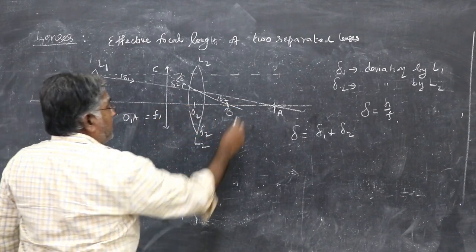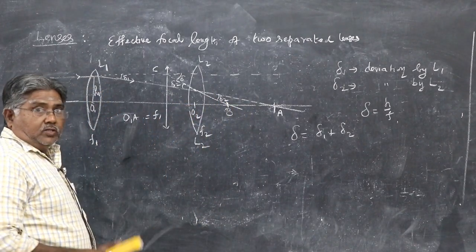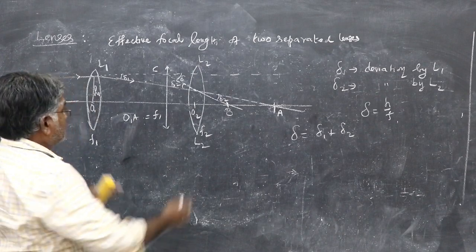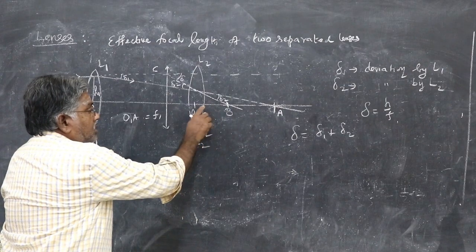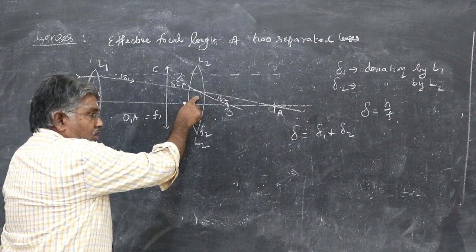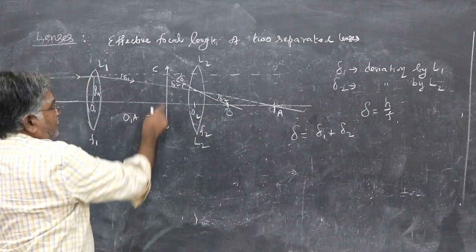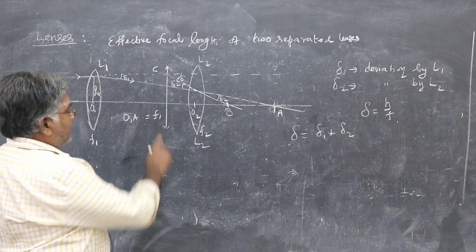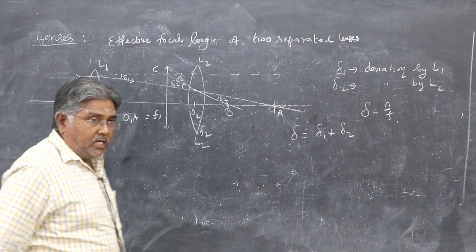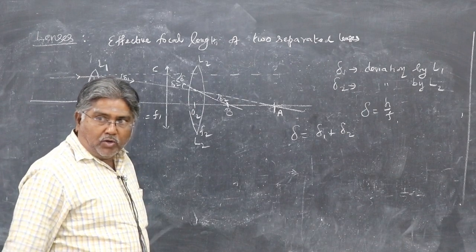So what is actually B? B is the second principal focus of the lens combination. B is not the principal focus of this lens alone. It is the principal focus for the effective lens, the single effective lens.